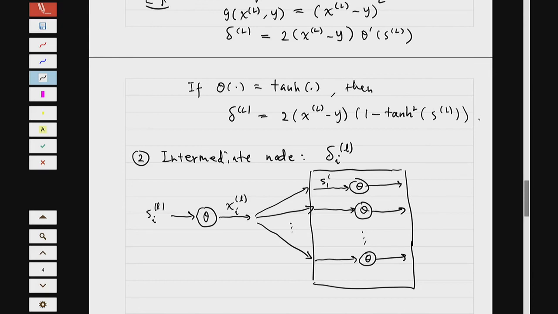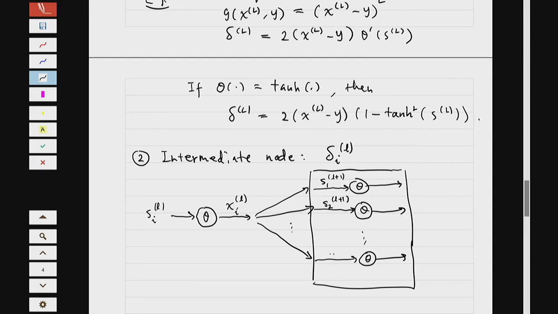So S1 of L plus 1, S2 of L plus 1, and so on. I'm not going to write down this one; it's just S of d L plus 1, L plus 1. So all of these things will contribute to the E of omega at the end. All of them will contribute. So the dependency of the error function on this one is more complicated now.